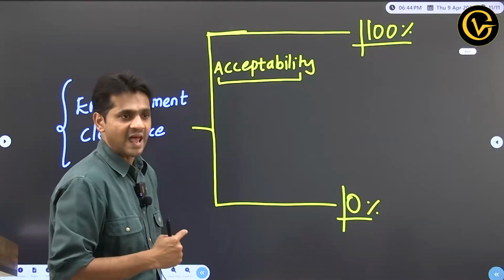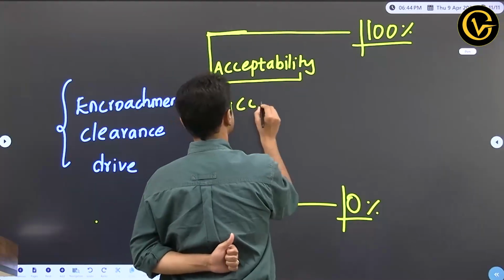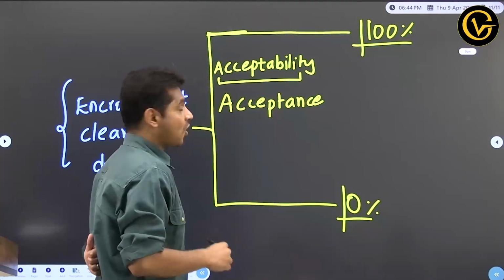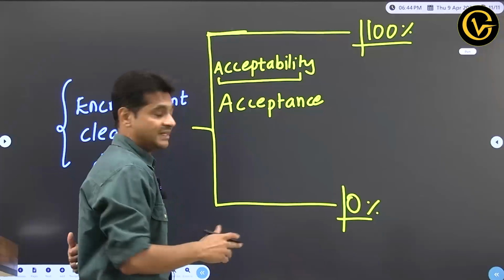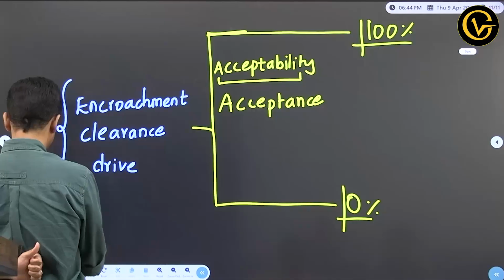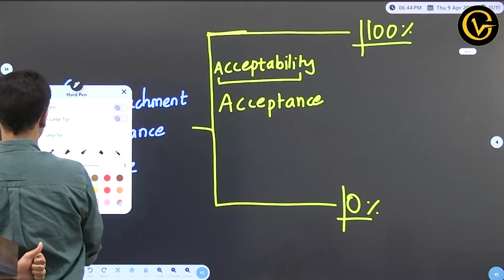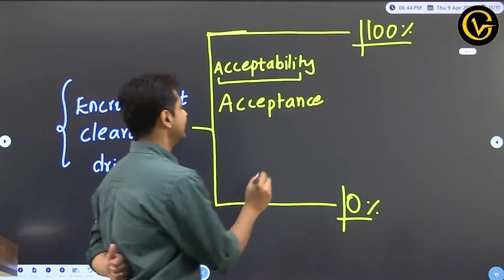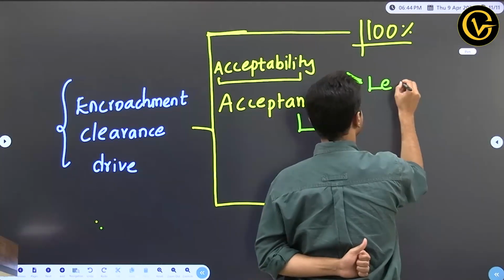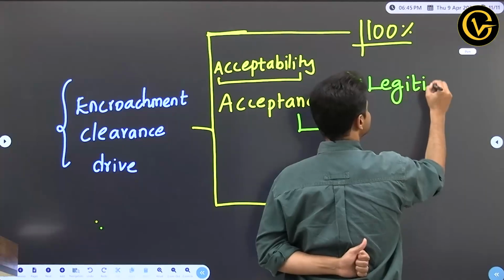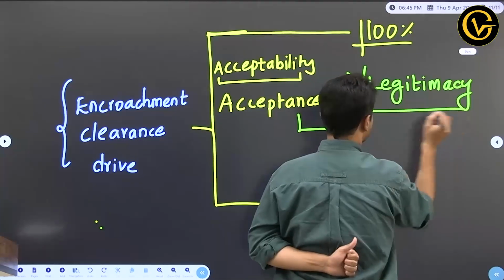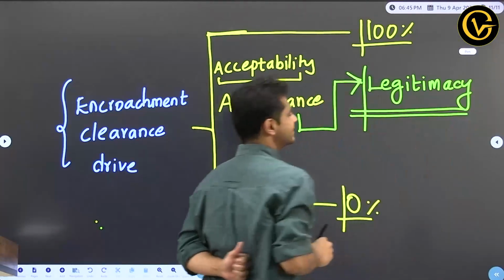What is the term I used? Acceptability or acceptance. If everybody or the maximum number of people are accepting, then the action of GHMC will have legitimacy.